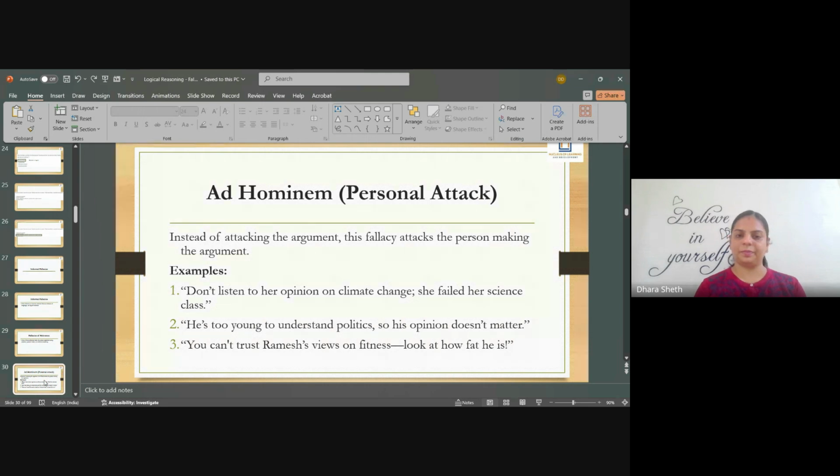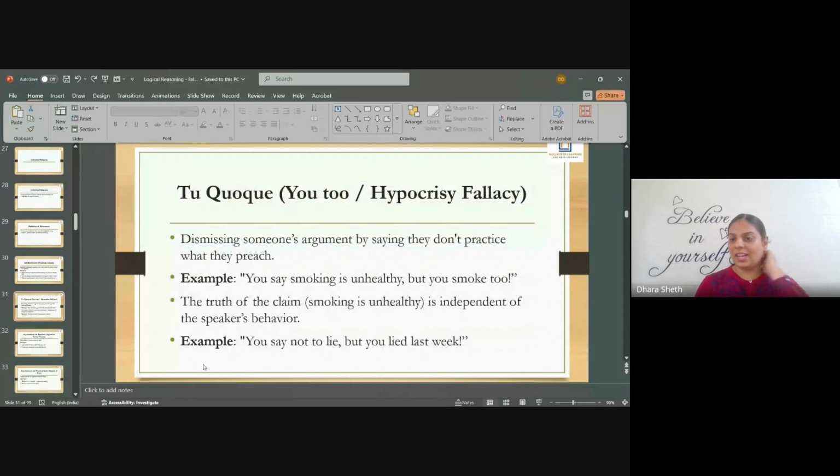Next. Tu quoque. These are all Latin words, and tu quoque is actually a word given as an option in exams. So you should know that it is the hypocrisy fallacy: dismissing someone's argument by saying that they don't practice what they preach. There's a story of Mahatma Gandhi: a mother went to him and asked him to tell her child not to eat a lot of jaggery.